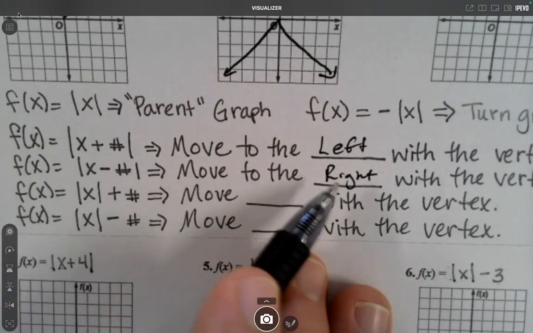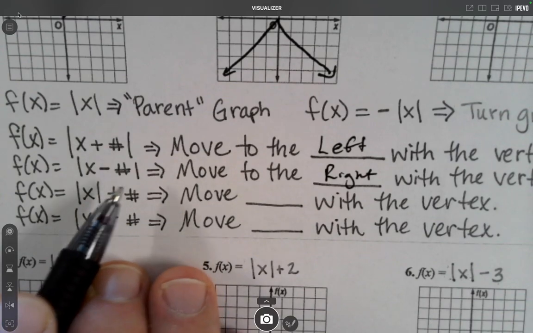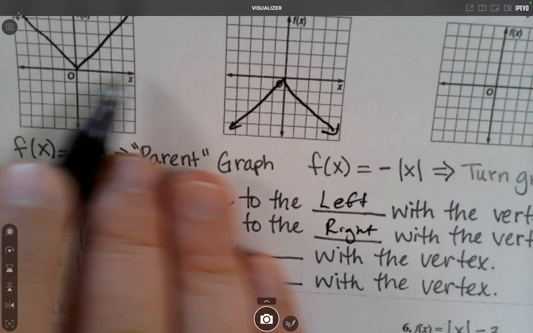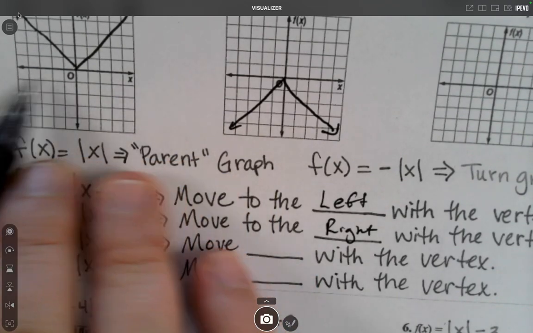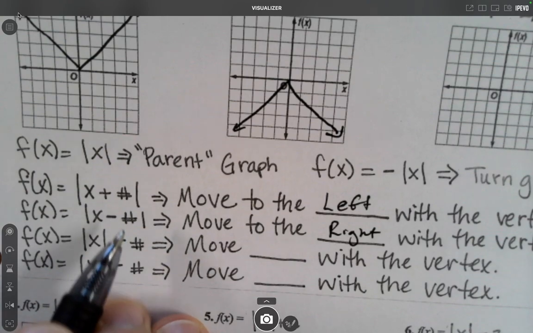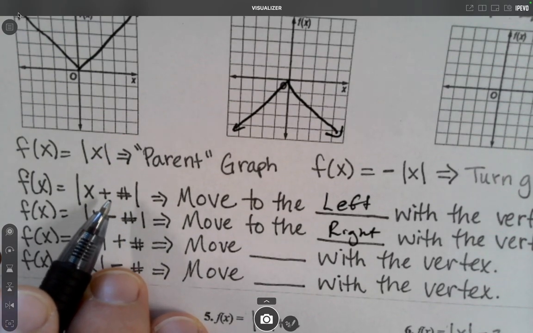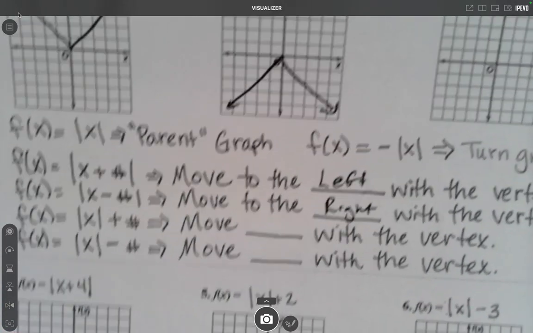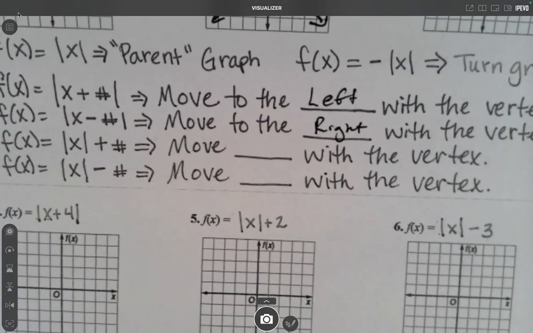Plus left, minus right. And honestly, that might seem backwards, because we know this direction is positive on the x-axis, this direction is negative, so this often seems backwards, and I understand that, but I just say try to remember that when it's inside the absolute value, it's backwards from what you think. Now when it's outside, it's just like you think.